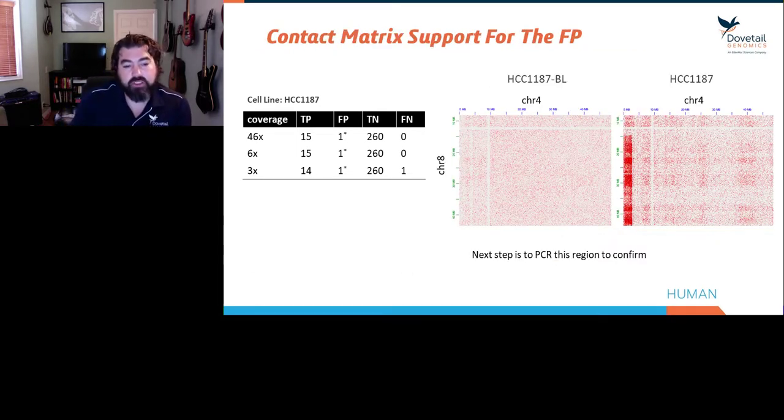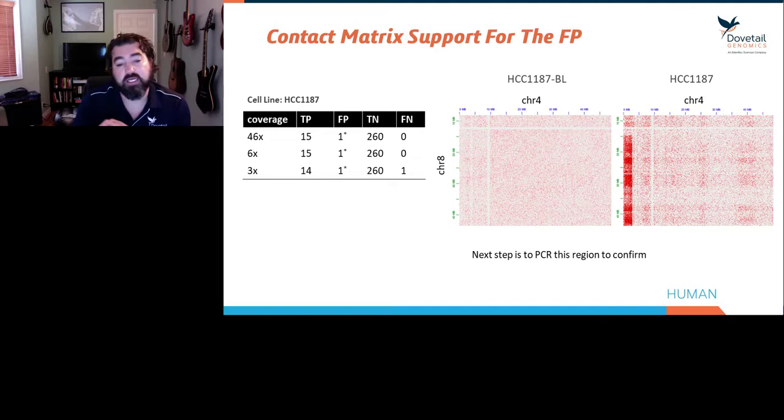Now, for those translocation events that are false positives that haven't yet been characterized, but we actually have contact matrix support for them, is this one particular one in HCC 1187, which is between chromosome 4 and chromosome 8. So on these contact matrices, the one on the left is from the control line, which is the HCC 1187 BL.